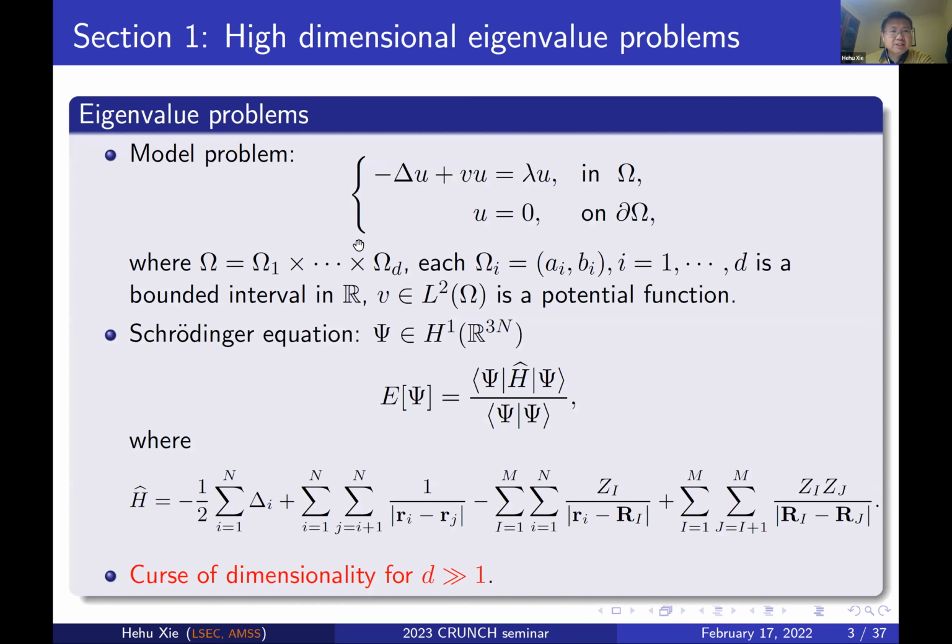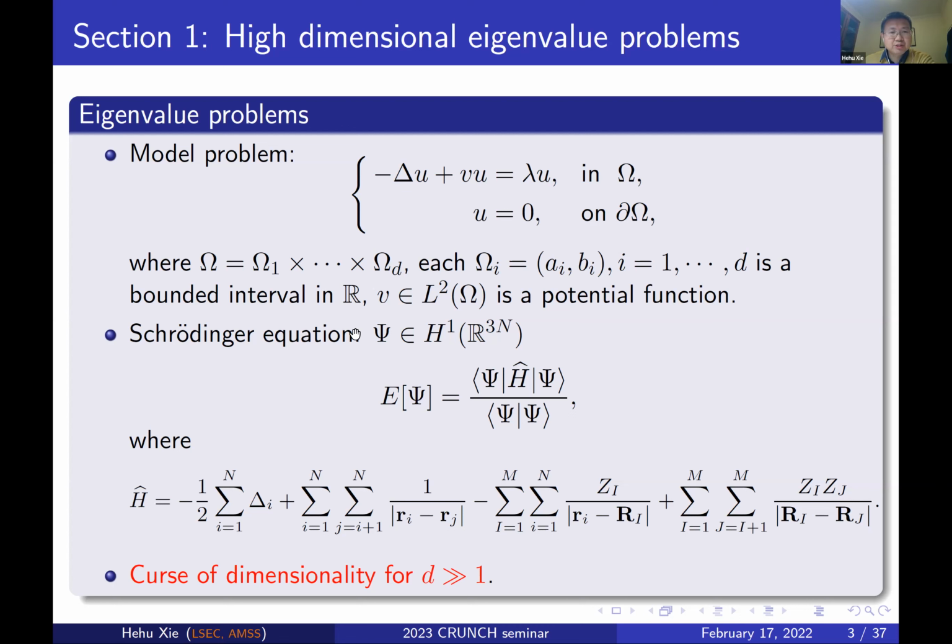In this lecture, we consider two types of problems. The first one is the model eigenvalue problem, actually the Laplacian eigenvalue problem plus a function we call the potential function, where the dimension D is large. The second is the Schrödinger equation, for which I will introduce our TNN.